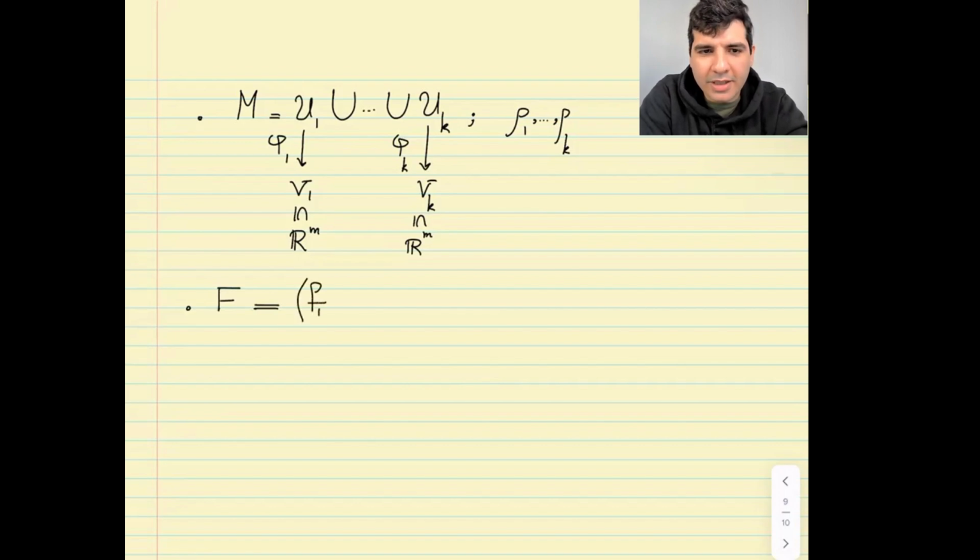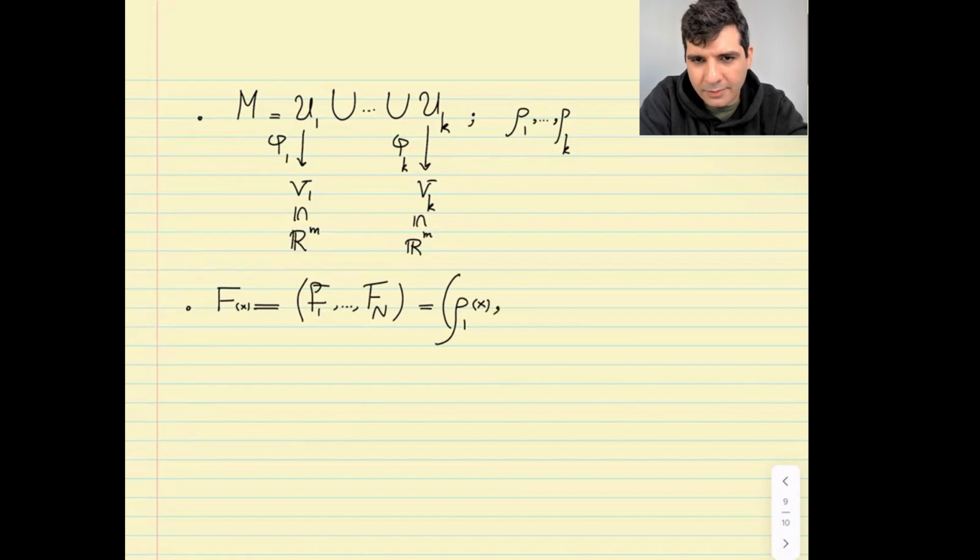So the function f was supposed to be f_1 up to f_n. How am I going to define these functions? For any point x on the manifold, the function f of x is defined to be the following. Look at rho_1 of x, and then rho_1 of x times phi_1 of x. So phi_1 of x is in R^m, and we multiply that by the real valued function rho_1.